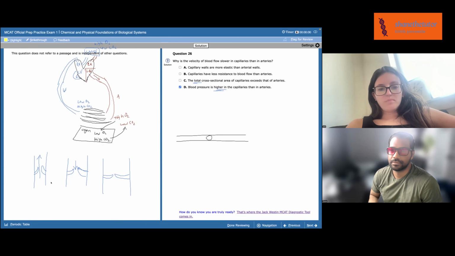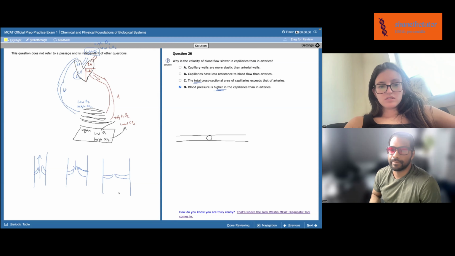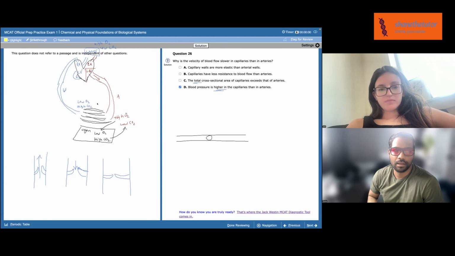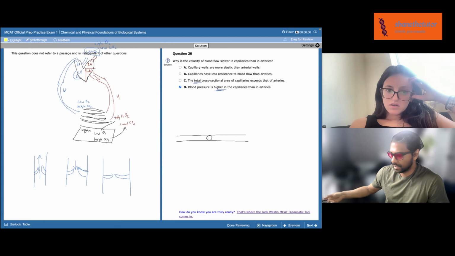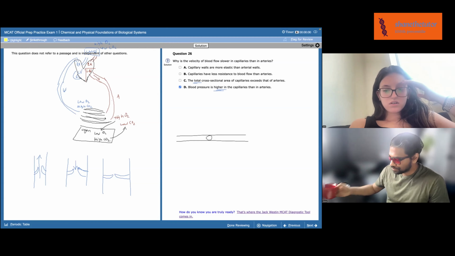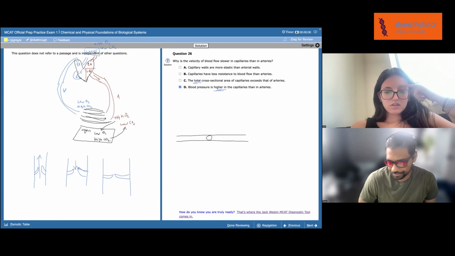They're the channel for the arteries to veins. No, but why would it be one blood cell thick? To slow down the blood flow.